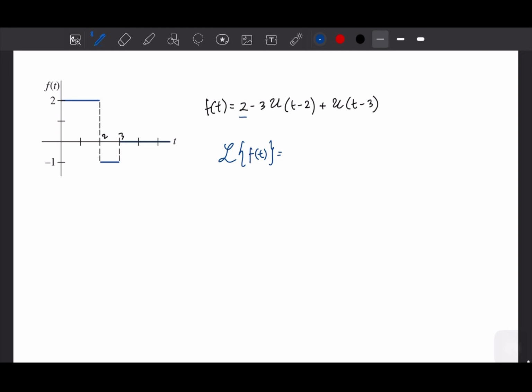So we can just write 2 times Laplace of 1, and then plus 3 times Laplace of the unit step function t minus 2, and then plus Laplace of the unit step function t minus 3.